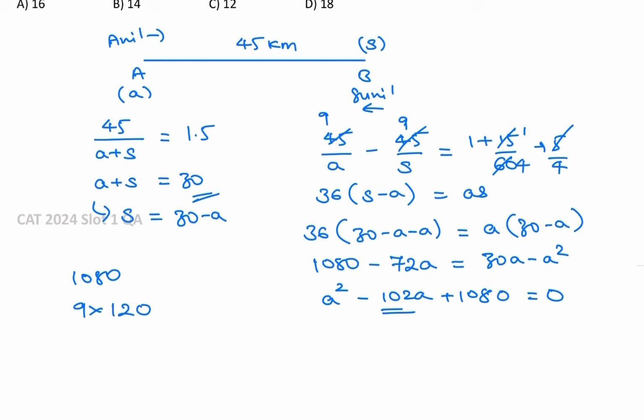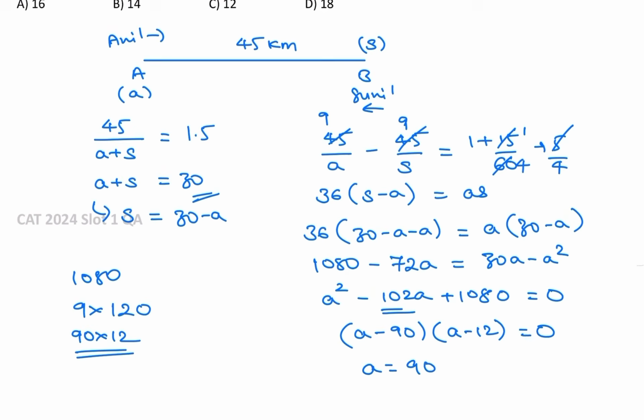I need 102. Right, so I can do this as well: 90 into 12 is giving me 102, minus 90 minus 12. So I'll write this as (A minus 90)(A minus 12) equals 0.